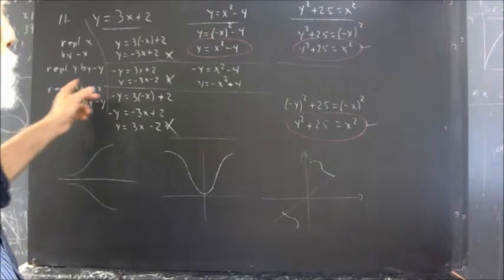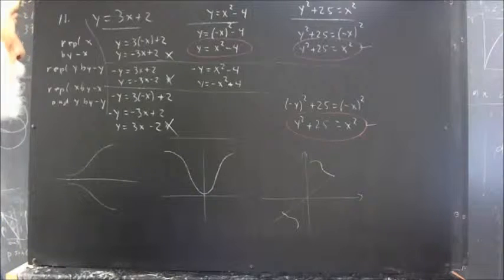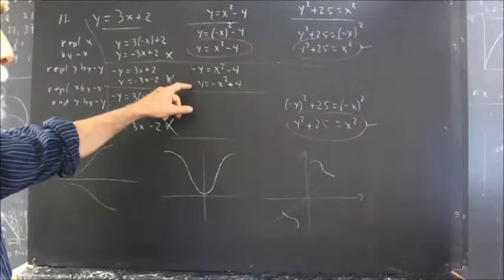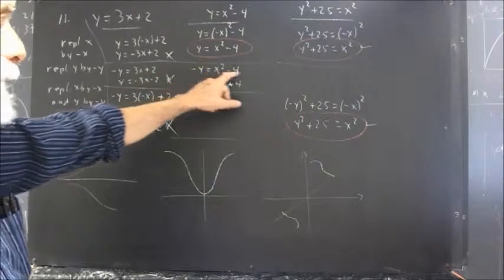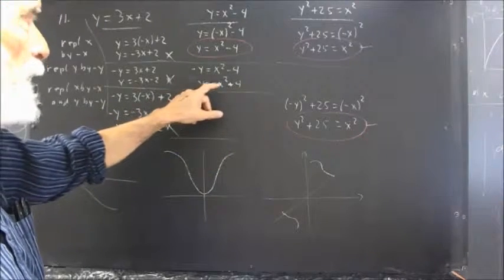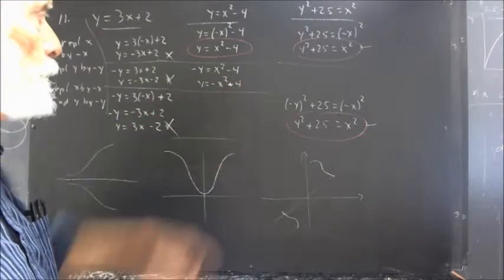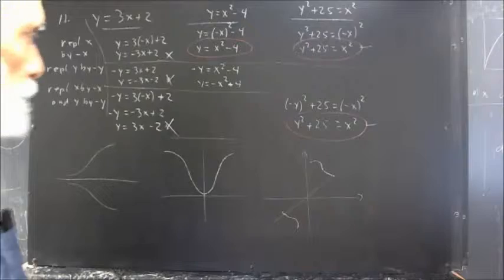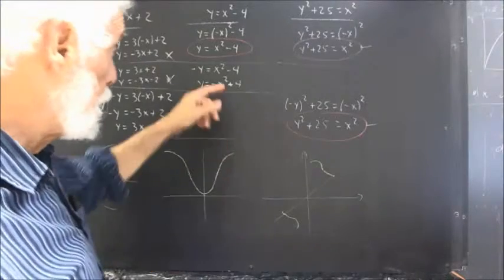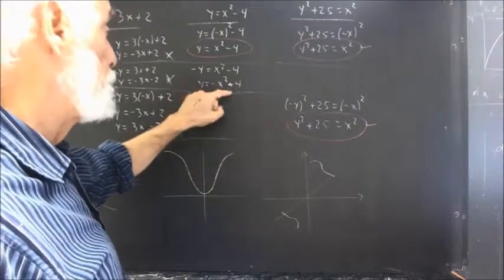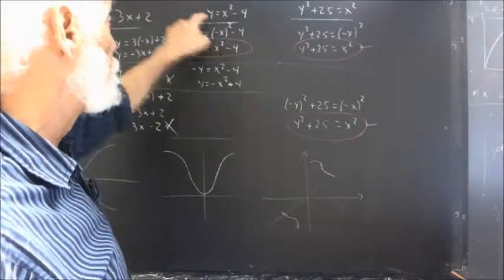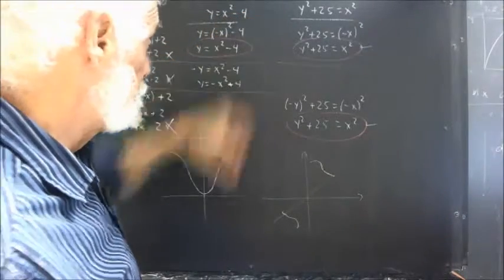Okay, replace y by negative y. We get negative y equals x squared minus 4, so y is negative x squared plus 4. Clearly different. Among other things, the y-intercept of this would be 4, whereas the y-intercept of this is negative 4.